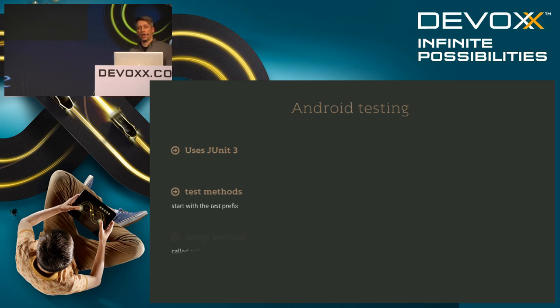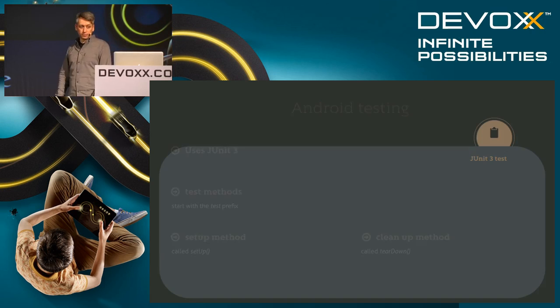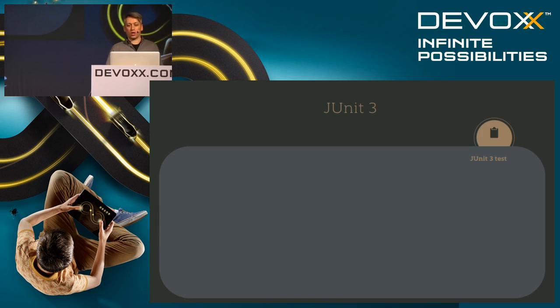That means that your testing methods need to start with a certain prefix called test, and if you want to do a setup and then a tear down after your tests, you really need to override a method called setup and a method called tear down.